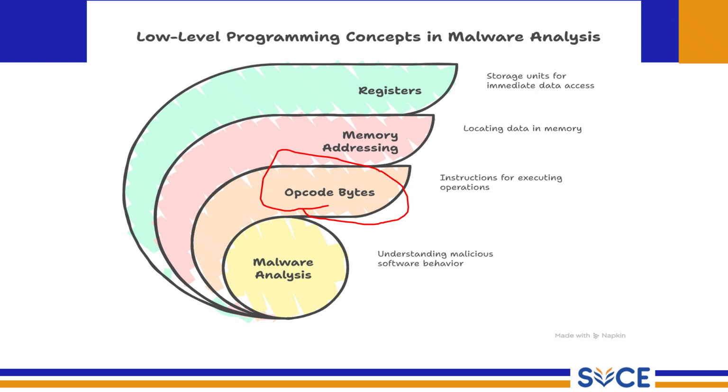If you have learned microprocessors and computer architecture, you will have dealt with these terms: opcode bytes, memory addressing, registers. Similar to that, we will discuss them here in terms of malware analysis, and how they are used in building and debugging malware.